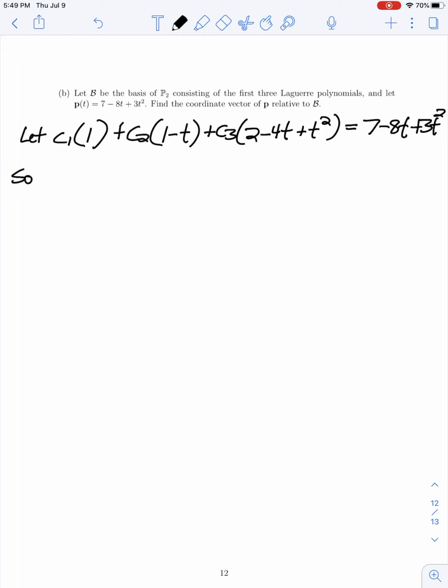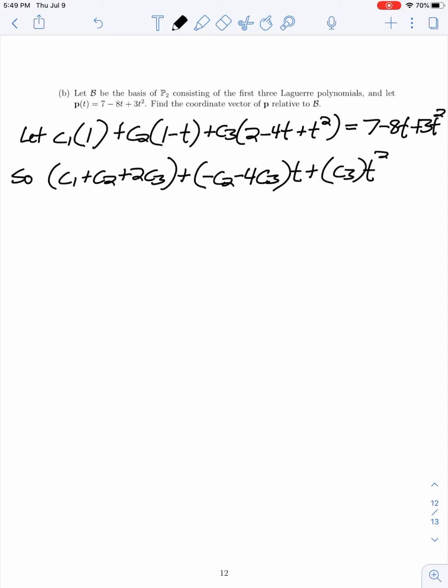So expanding and grouping like terms, we have a constant coefficient of C1 plus C2 plus 2 times C3. We have a t coefficient of negative C2 minus 4 C3. And we have a t squared coefficient of C3. This has to equal 7 minus 8t plus 3t squared.